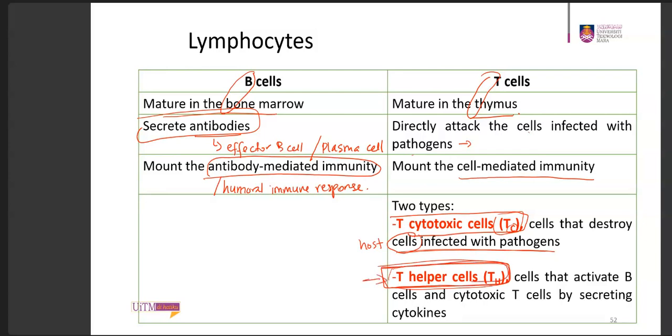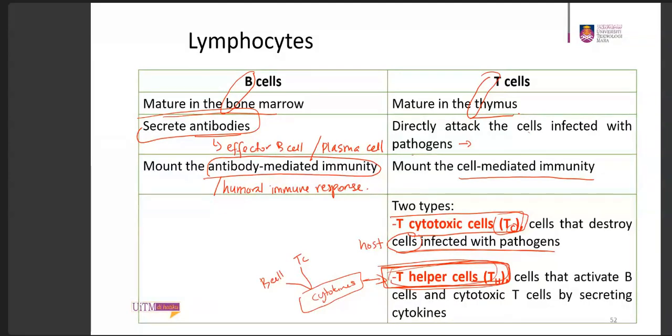Okay, it is the most important cell, because the helper T cell is the cell that will produce a signaling molecule. We call it cytokines. The cytokines produced by the helper T cell will be used to activate the B cell and also the cytotoxic T cell.